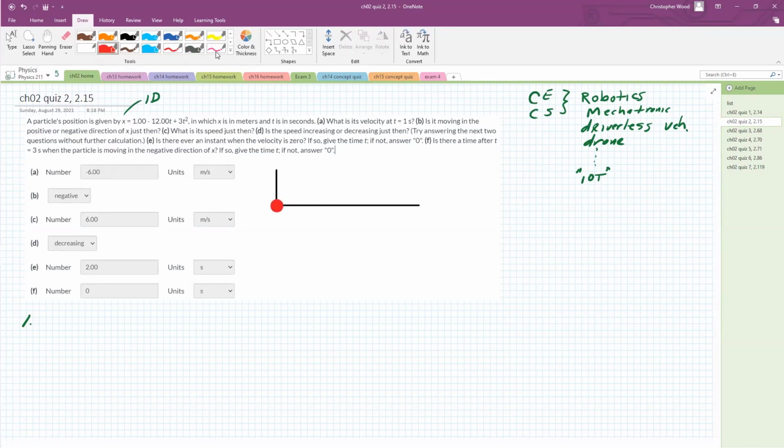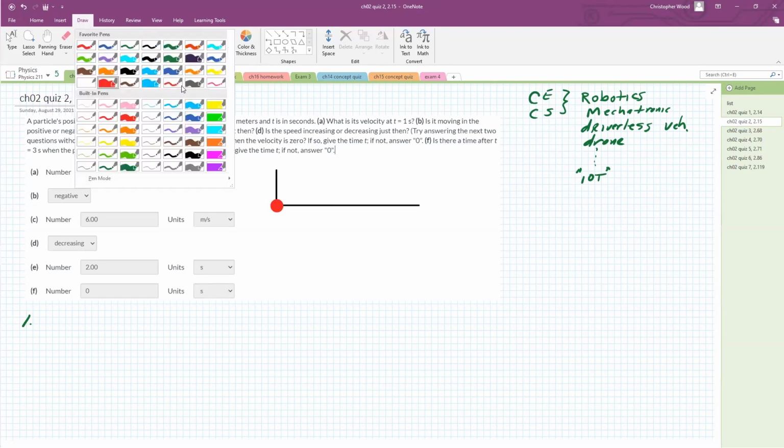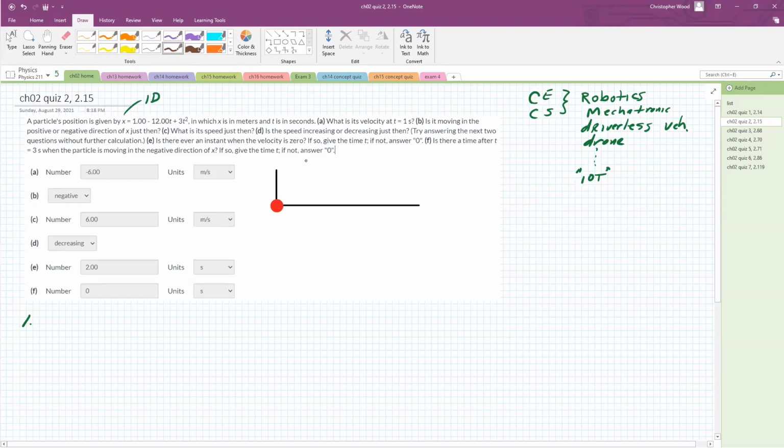As a computer person, or a robotics person, or a mechatronics person, you have developed the software that makes this particle move according to this function. Mine says 1 minus 12t plus 3t squared.